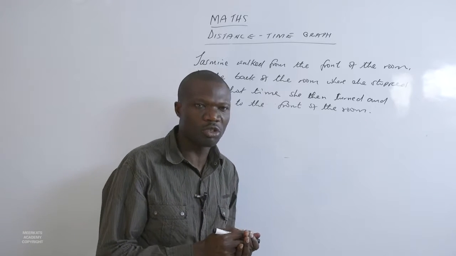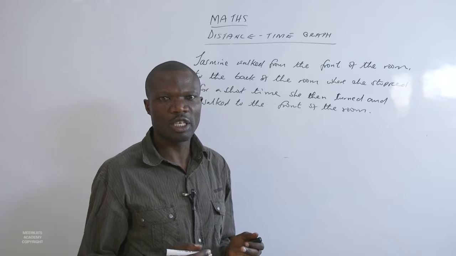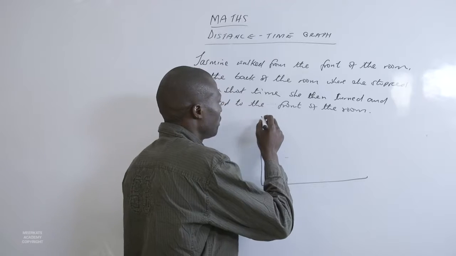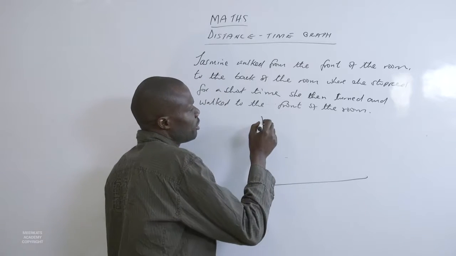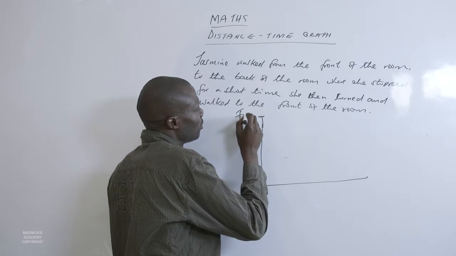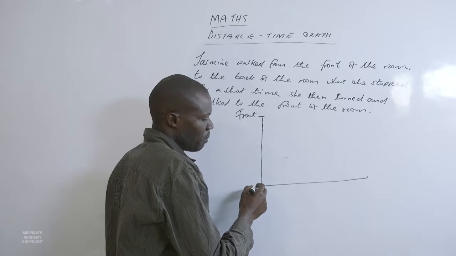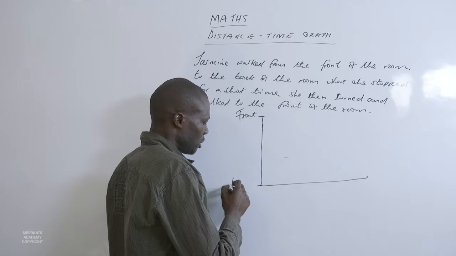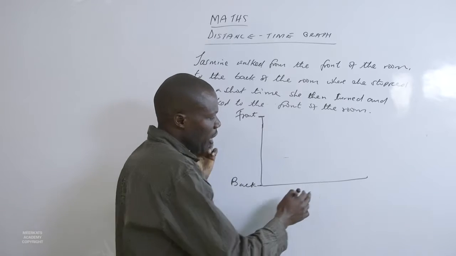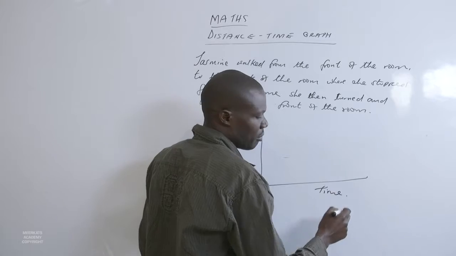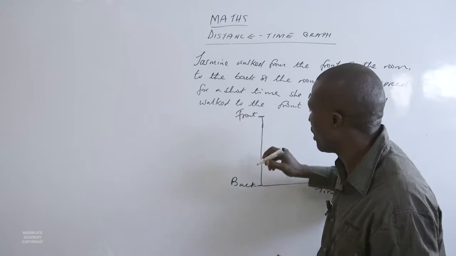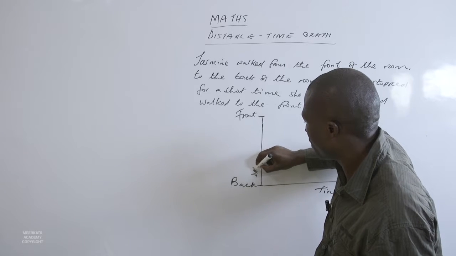So if we choose to have it that in the situation here, we have our graph, and then we choose this part to be our front, and the part down here where we have the origin to be the back, right? So that we have time there, and then here we have our distance traveled.